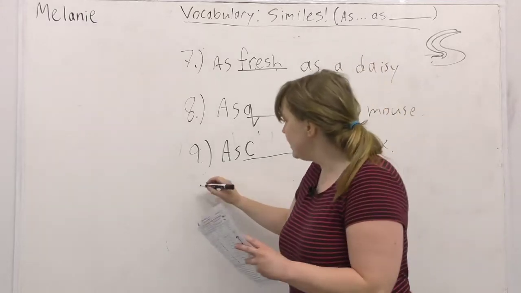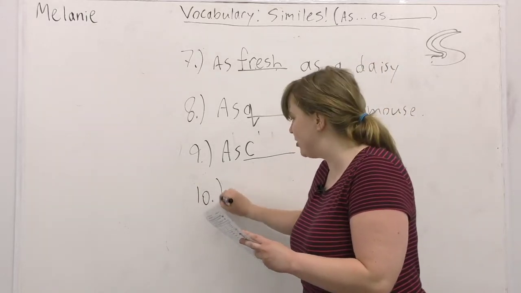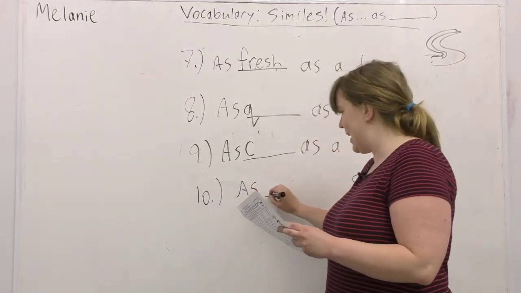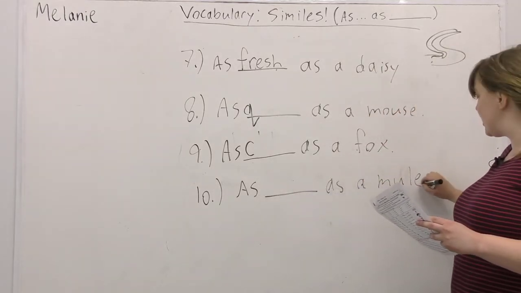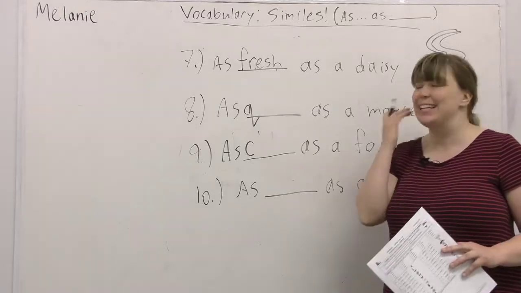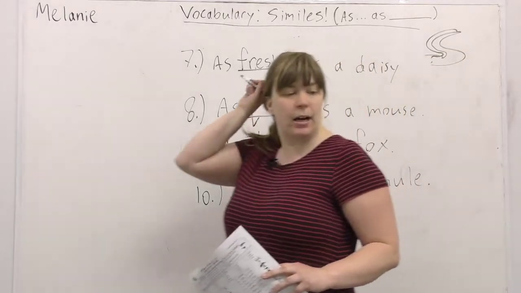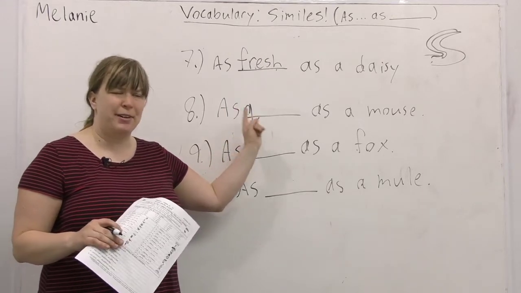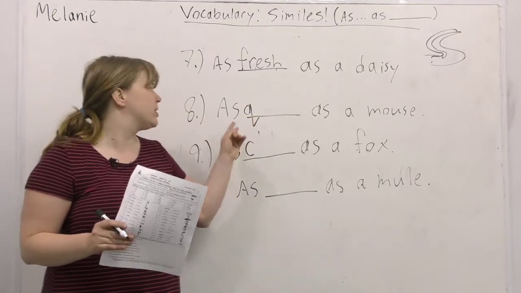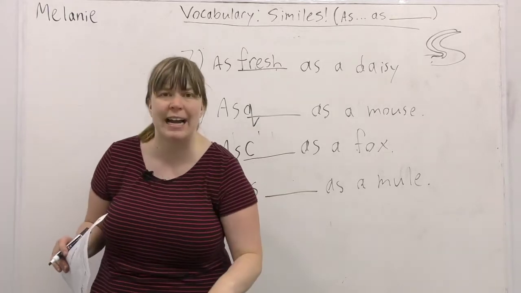Okay, 10. Oh, we just did this one. As something as a mule, which is a donkey horse cross. Now, I know I didn't teach you this one today, but I feel like I taught you in the past. So a mouse is so tiny.